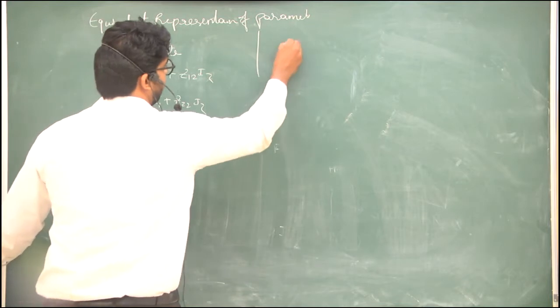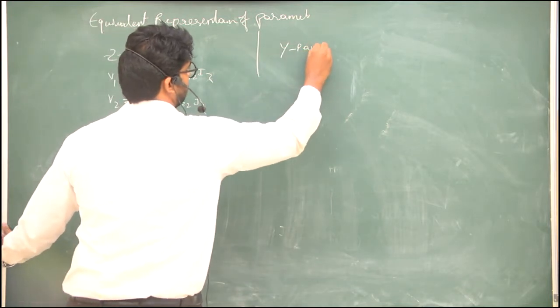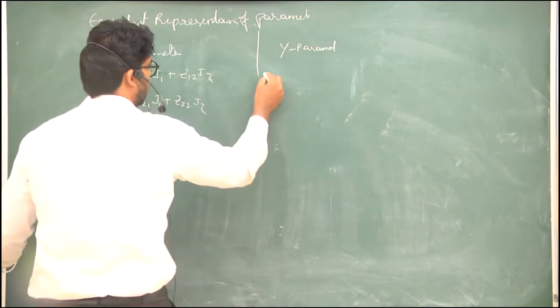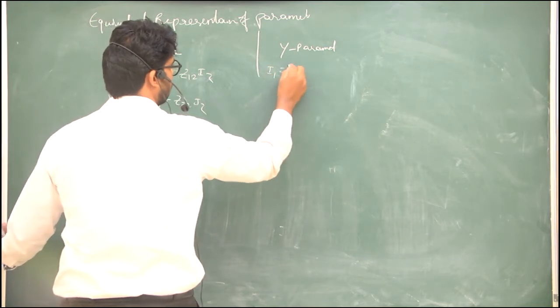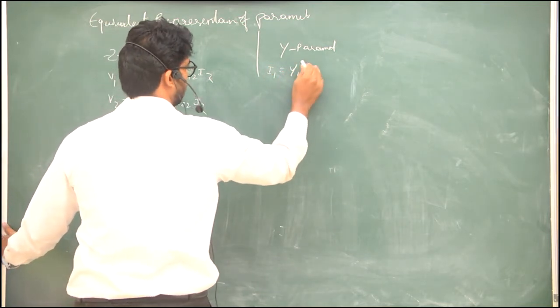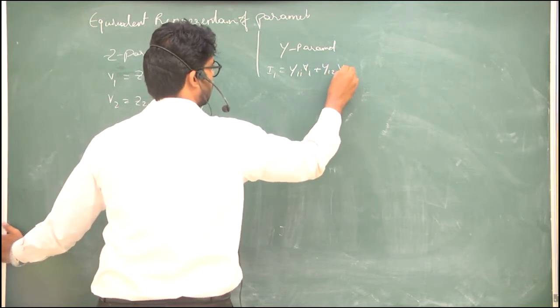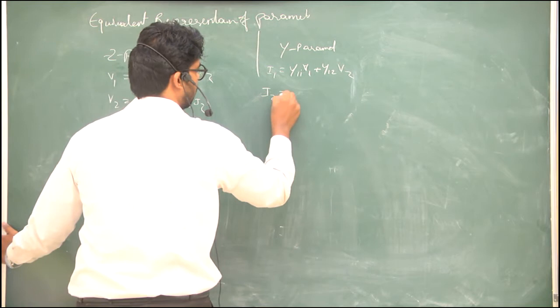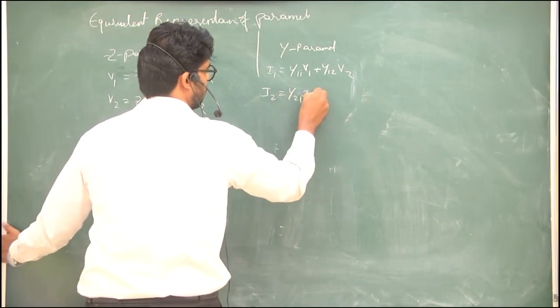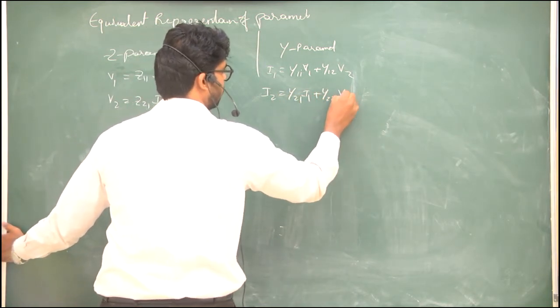Okay, then Y parameters you have I1 equal to Y11 V1 plus Y12 V2, and I2 equal to Y21 V1 plus Y22 V2.